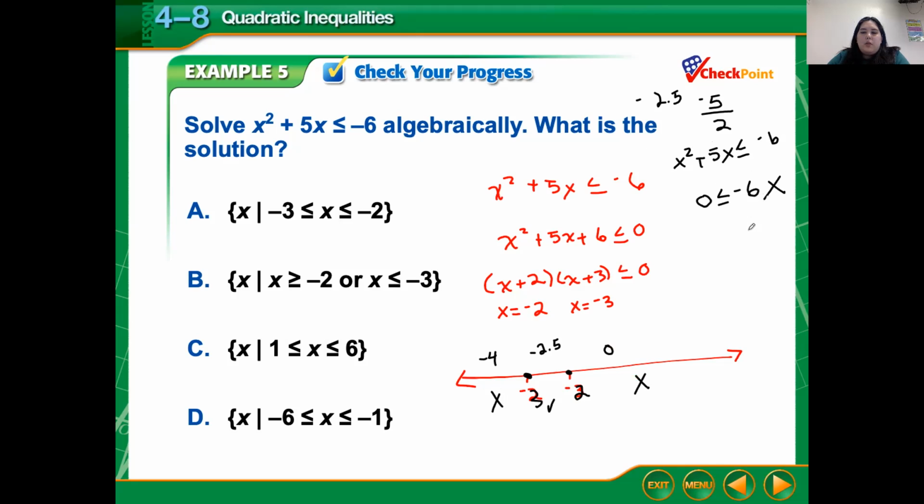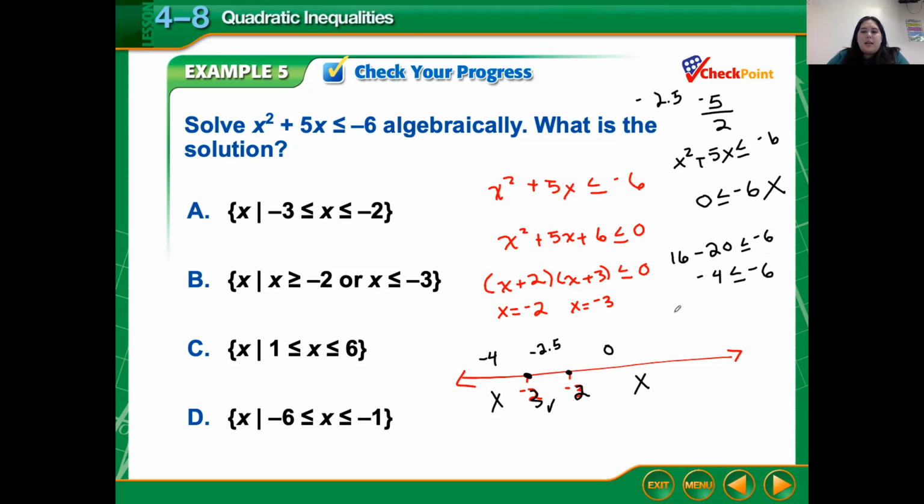That does not work. Then I can do -4, so that would get me 16 minus 20, less than or equal to -6. I'm going to get -4 here. -4 is not less than -6. It's actually greater than that, so that does not work.